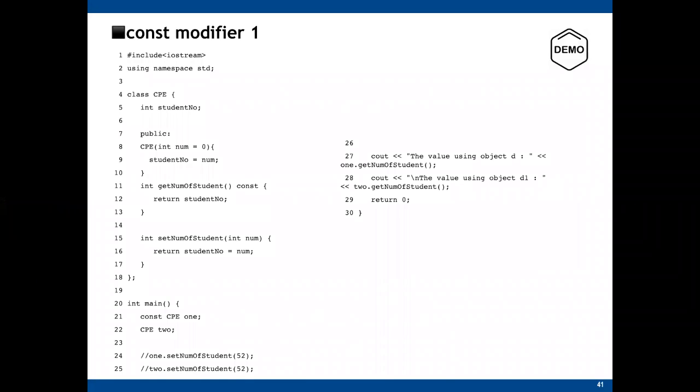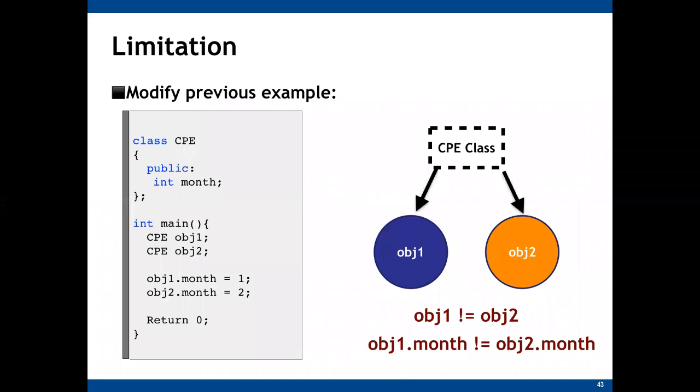Here we saw this demo code. Okay, so far the members from one object cannot be accessed by other objects. So for example, here we have a CPE class, which consists of one member variable months. And here we create two different objects from the CPE class and set the member variable of months using the dot operator.